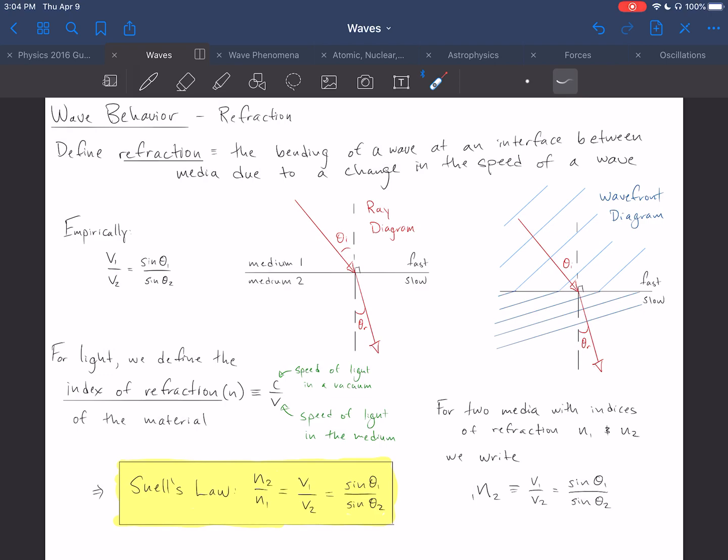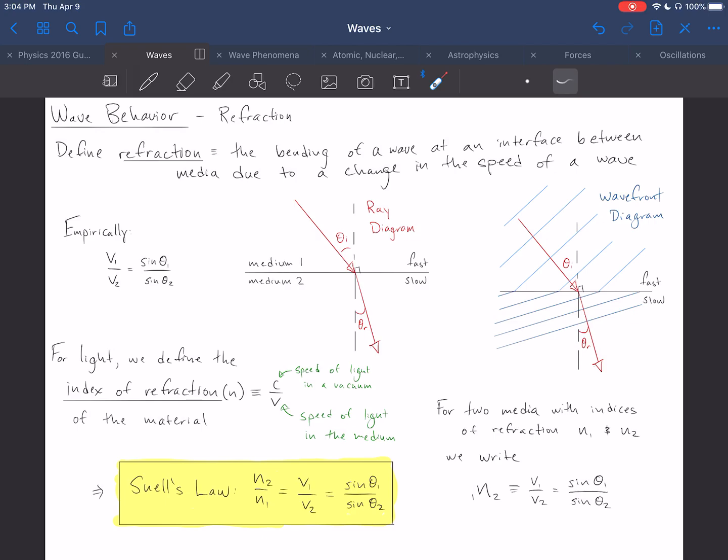With this definition of the index of refraction, though, we can define what is traditionally known as Snell's law. And Snell's law simply extends the empirical relationship from before, and it says that n2 over n1, which is equal to v1 over v2, notice the algebra there.